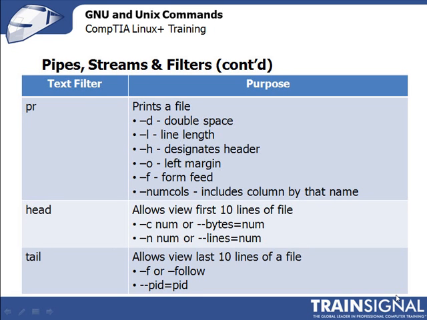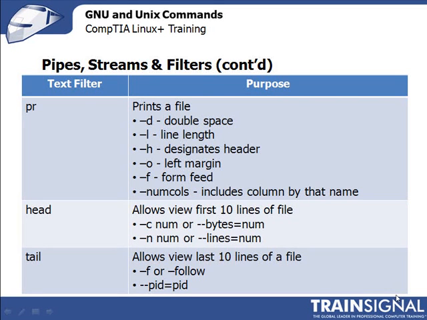The next filter, head, allows you to view the first 10 lines of a file. Its options are -c space NUM or --bytes=NUM. The next option is -n space NUM or --lines=NUM.